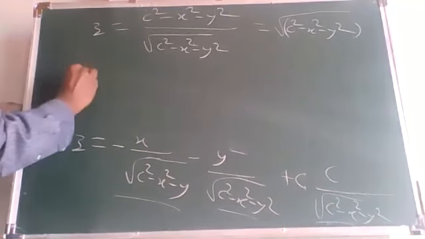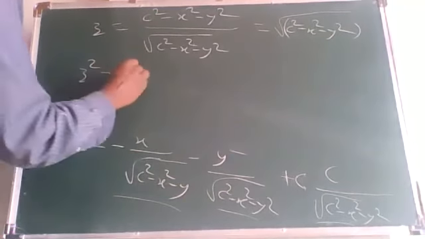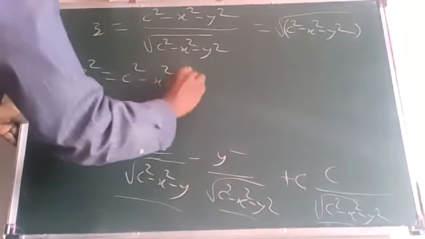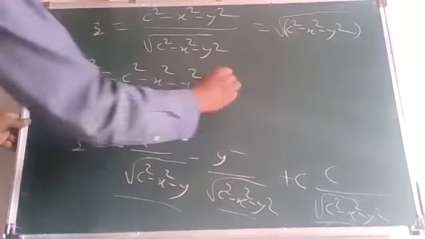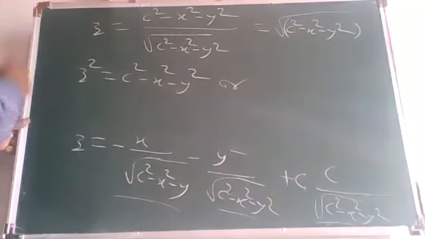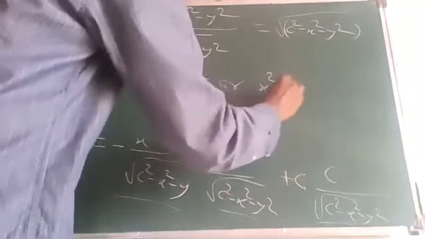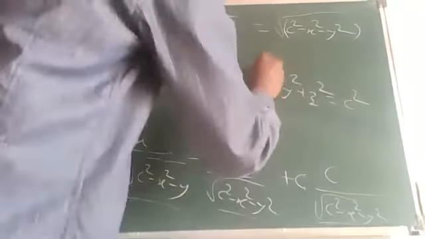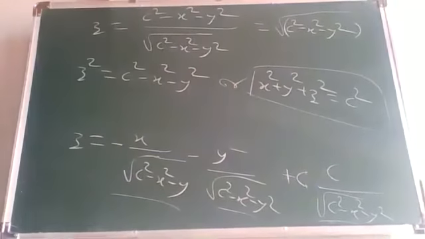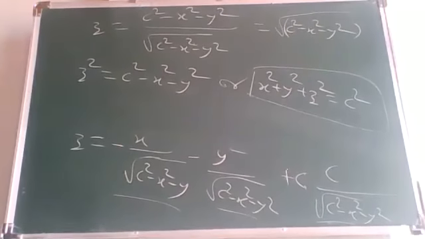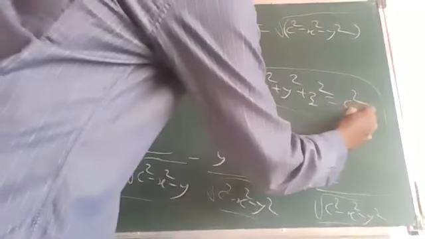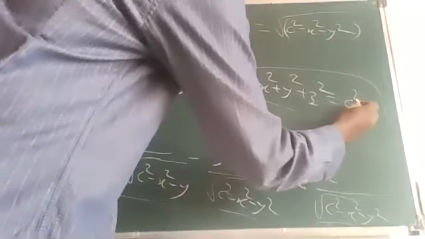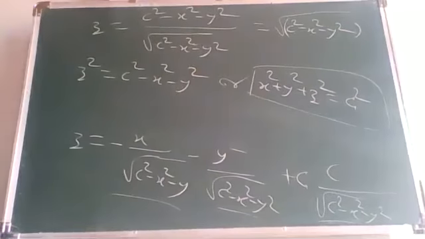Squaring on both the sides, we get z square is equal to c square minus x square minus y square. Or take this on the other side, x square plus y square plus z square is equal to c square. This is capital C, which is inside the equation of the partial differential equation. That is the given equation.